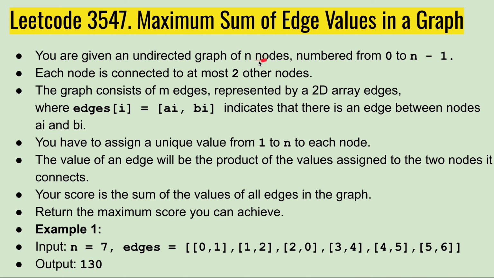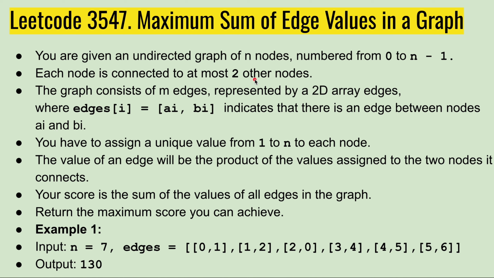And there are n nodes in that graph, 0 to n minus 1, and each node is connected to at most two other nodes.